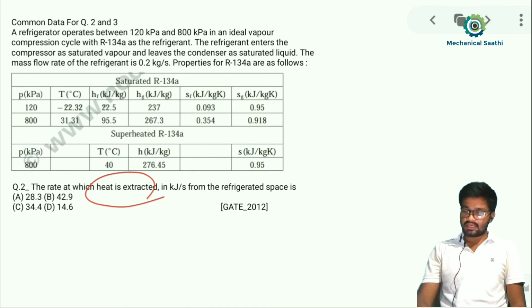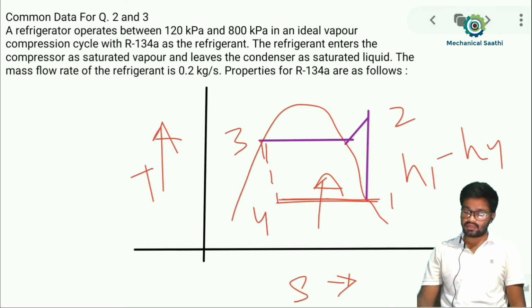If we look at this diagram, this line is at a pressure of 120 kilopascal, and the pressure corresponding to this line is 800 kilopascal. The properties given for 120 kilopascal will be used for this line. Here the enthalpy is H1, and it is at the saturated vapor region.